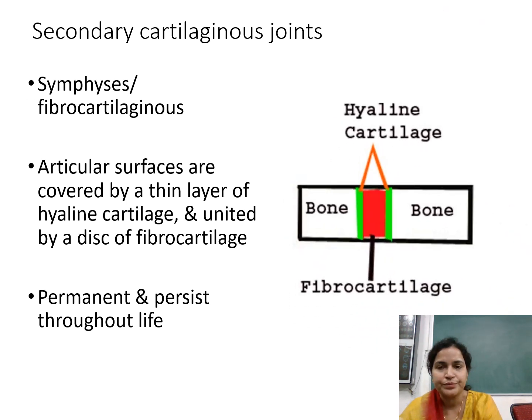How so? The articular surfaces are covered by hyaline cartilage, and in the middle there is a fibrocartilaginous disc. They are permanent, persist throughout life, and are midline in nature.